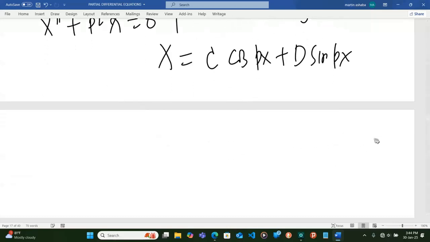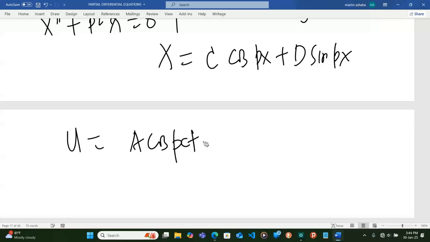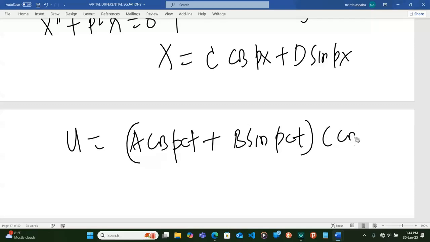So generally the solution is going to be u equal to a cos pct plus b sine pct, then I multiply it by c cos px plus d sine px.